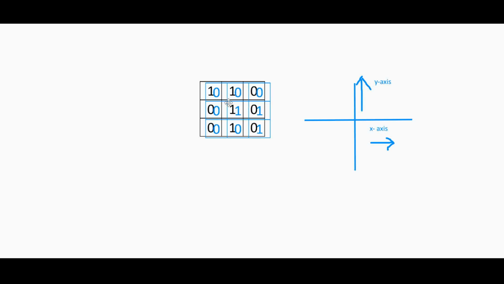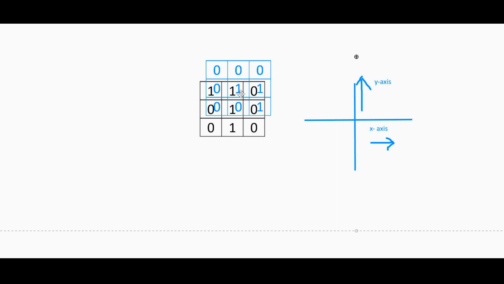Now what we did for moving down and moving right, the same thing we can do for moving up and moving left, or moving up and then moving right. Moving this blue matrix up is the same as keeping the blue matrix still and moving the black matrix down.